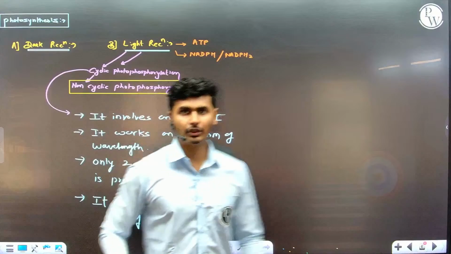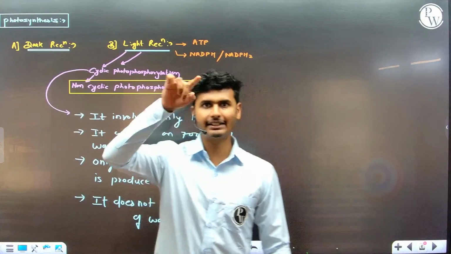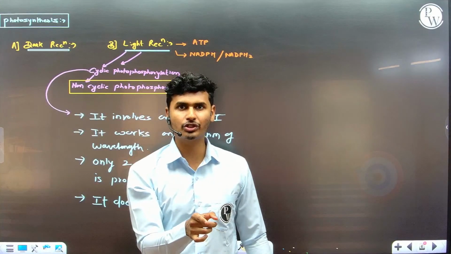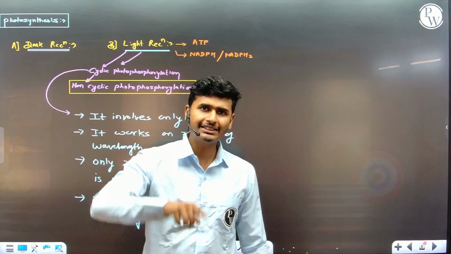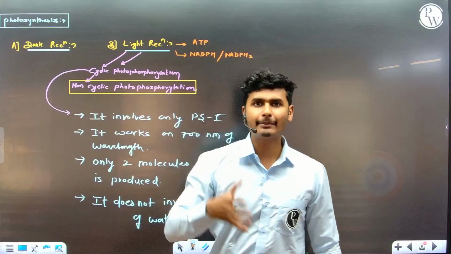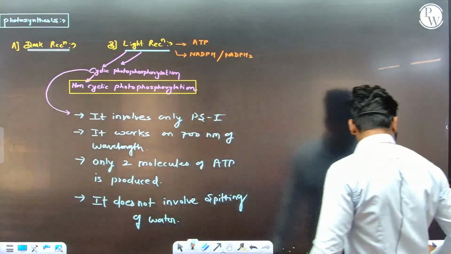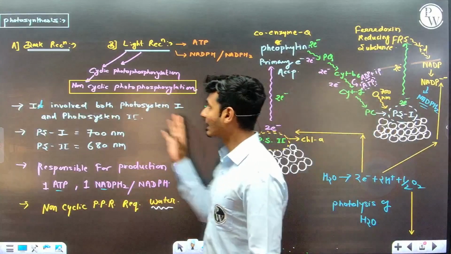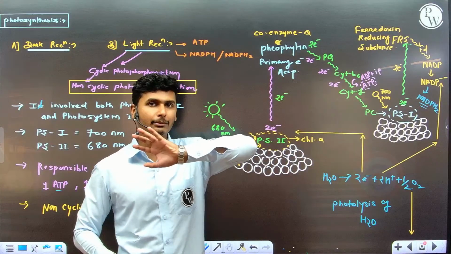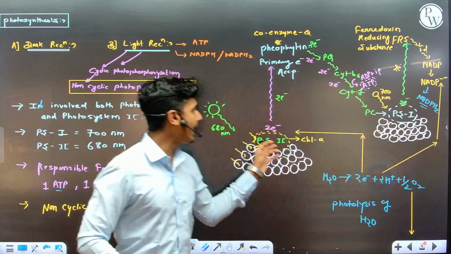Now look, this is cyclic. Cyclic means the excited electron starts its journey and comes back at the same position, right? If the electron is traveling in a loop, in a circle, in a cyclic manner, there is no requirement of splitting of water. Because previously in that PS1, PS2 system, the non-cyclic photophosphorylation, the excited electron did not come back to PS2.